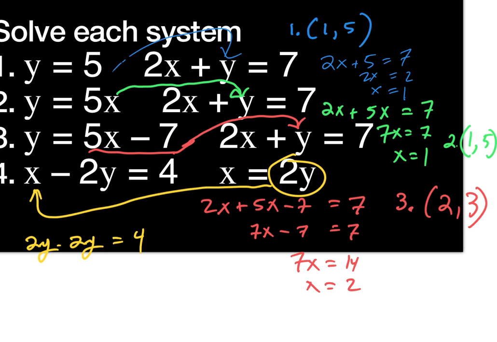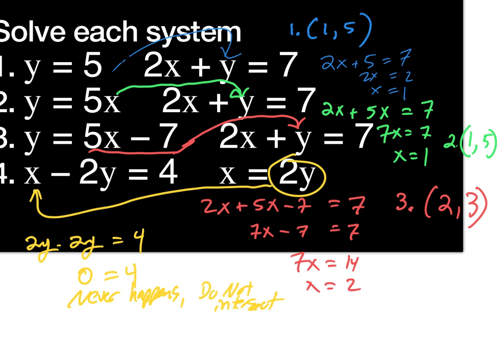And then I stopped on number 4 because when I do this one, I find out that 0 equals 4. And that's a problem. How often does 0 equal 4? Never. Since this never happens, that means they do not intersect.